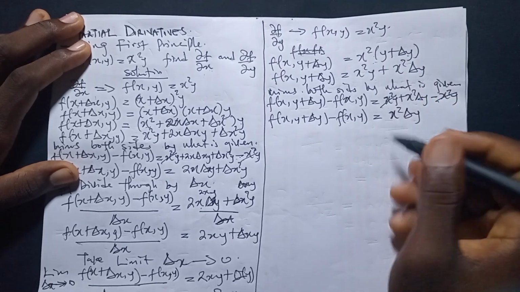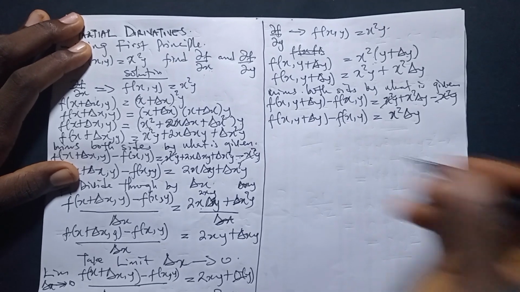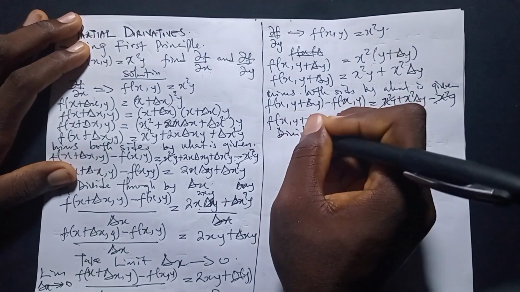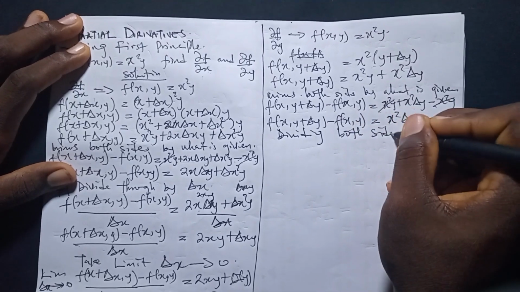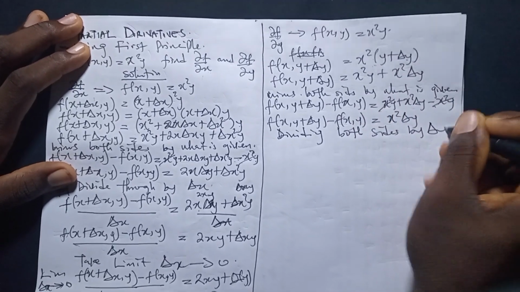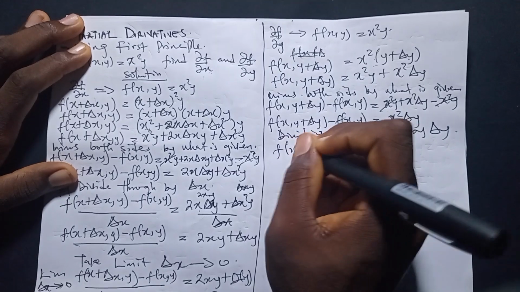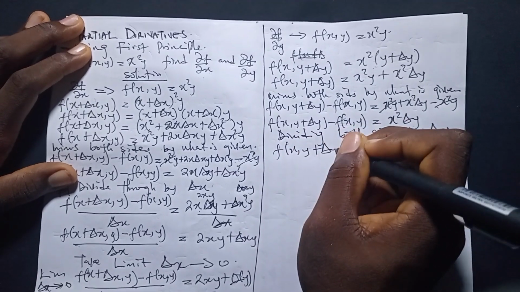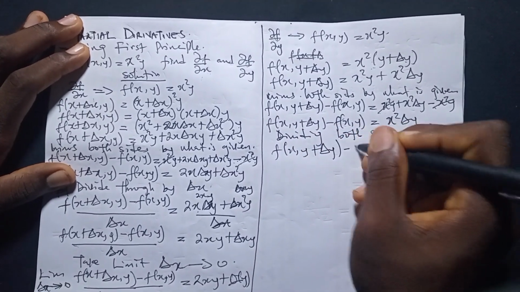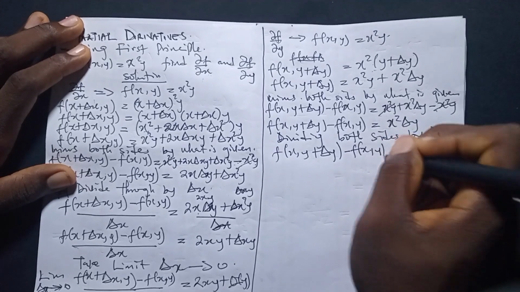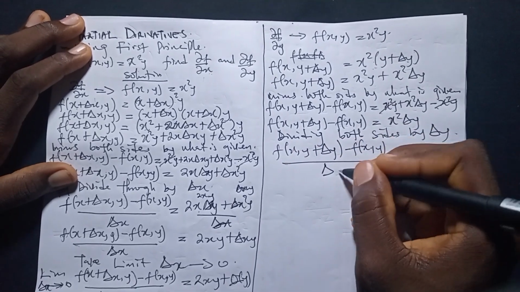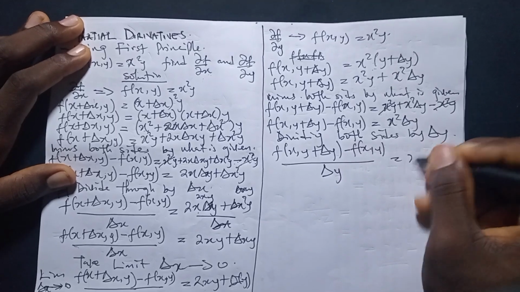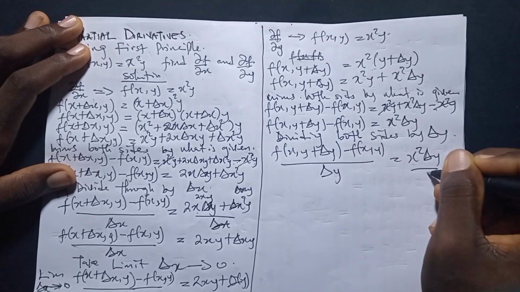So now we can divide both sides by change in y. We are left with f of x, y plus change in y minus f of x, y over change in y equals x squared change in y over change in y.